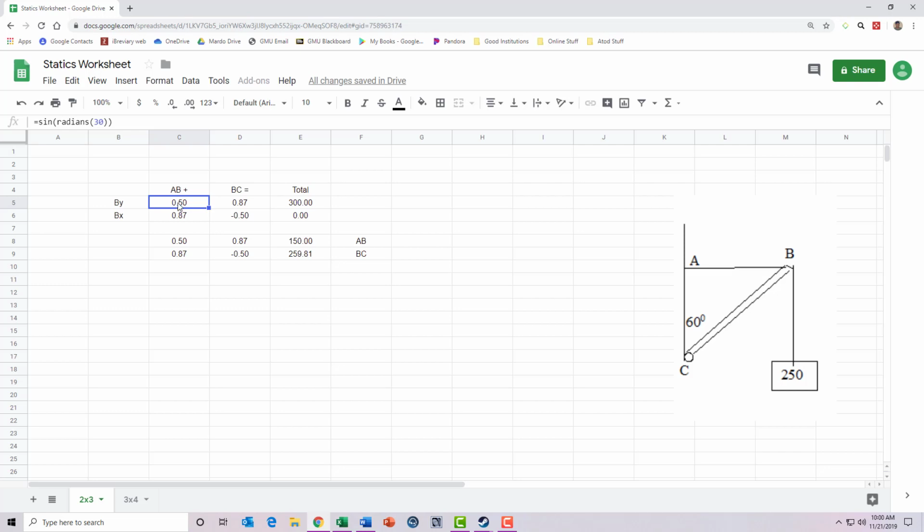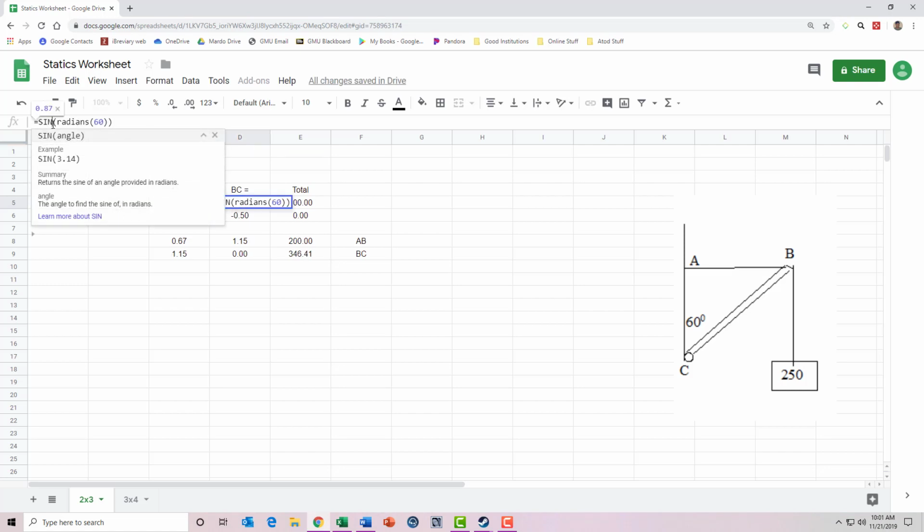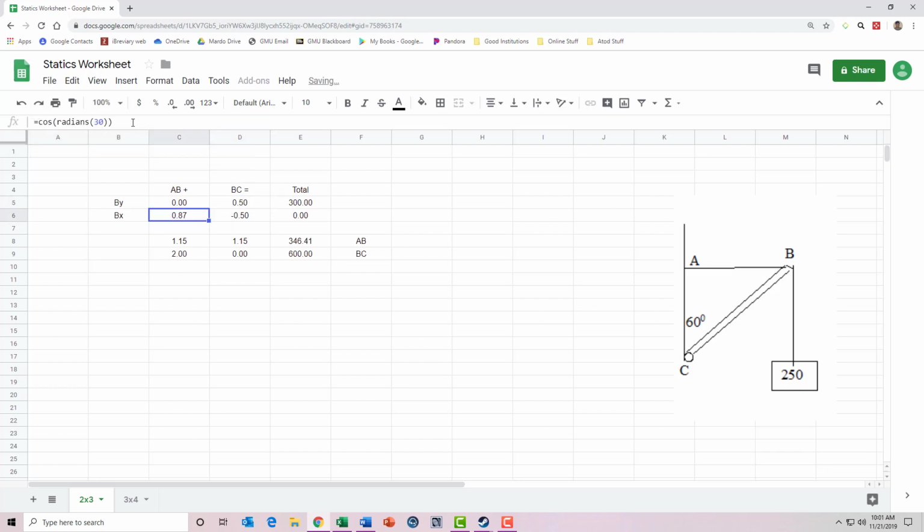So here in B of Y, I'm going to start off with B of Y. I have no AB at this point, and I have BC cosine 60, so I'm just going to change this. Cosine 60, still 60, fine, and that equals 250.